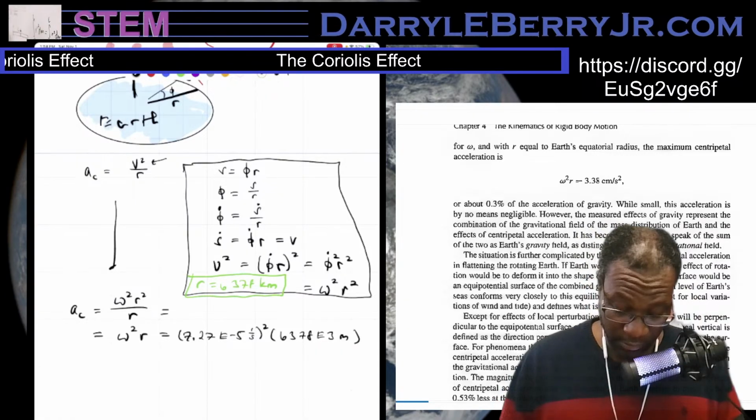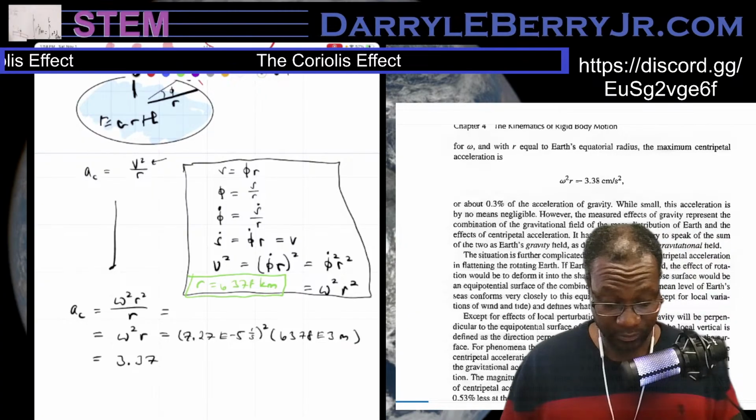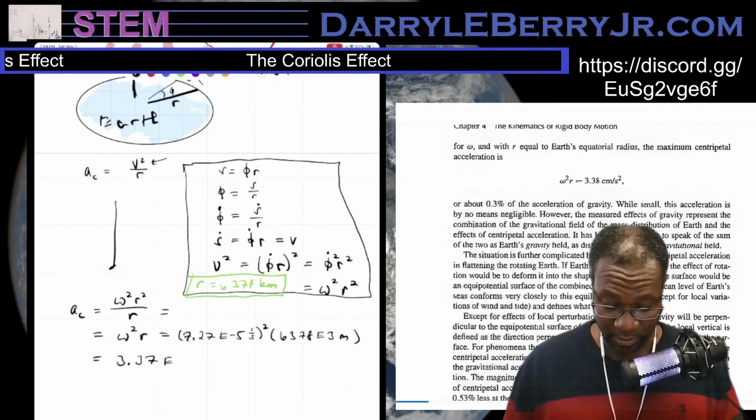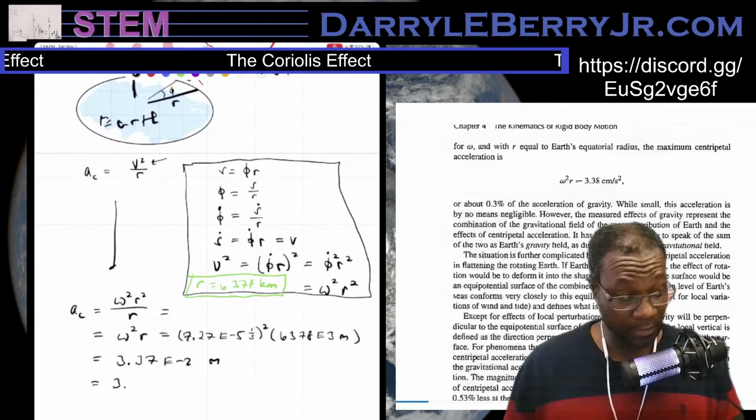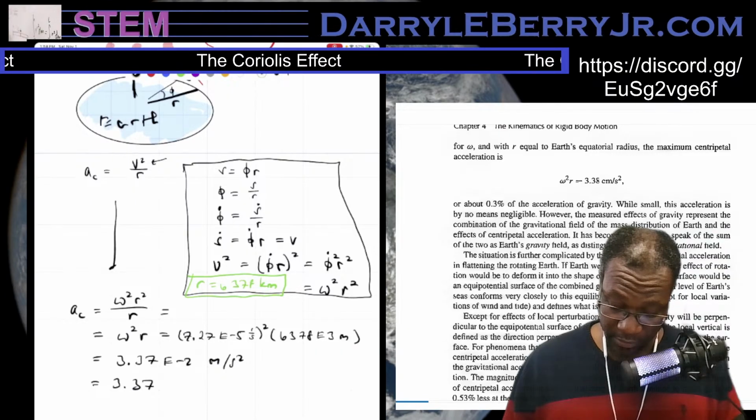I got this equals 3.37 times 10 to the negative 2 meters per second squared, which is 3.37 centimeters per second squared. All right.